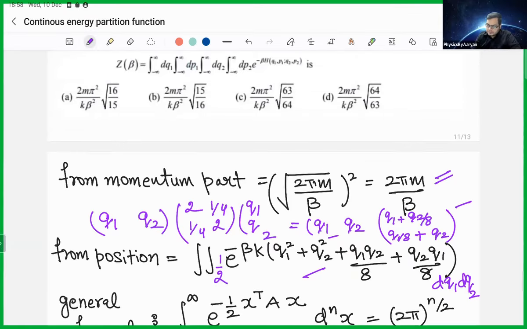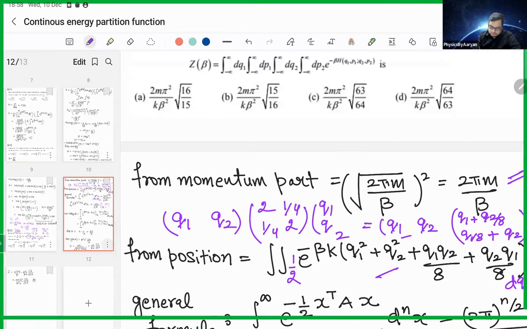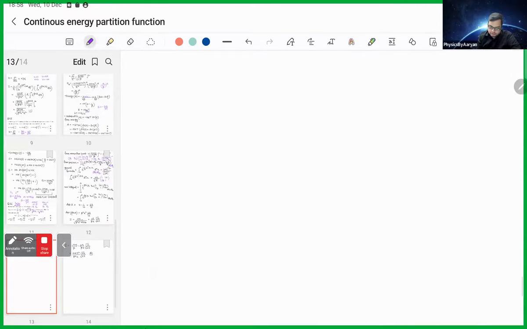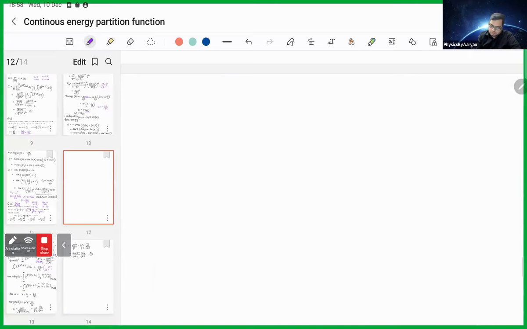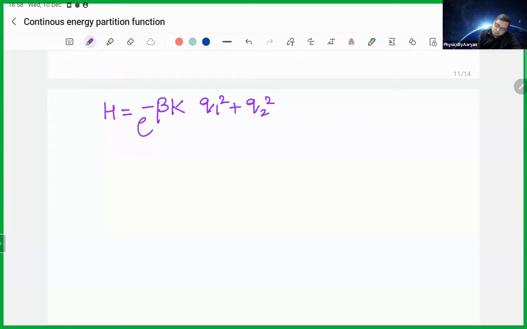Okay, so let me simplify these things for you. If such an integral comes, in a simple way, rather than understanding every detail of it, what you have to do. Look, what was your Hamiltonian? Your Hamiltonian was e to the power minus beta k times q1 square plus q2 square plus q1 q2 by 8 and q2 q1 by 8.